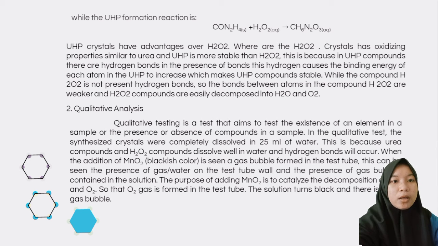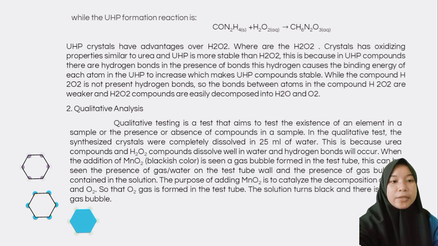While in the compound hydrogen peroxide there are no hydrogen bonds, so the bonds between atoms in hydrogen peroxide are weaker and hydrogen peroxide compounds easily decompose to water and oxygen.